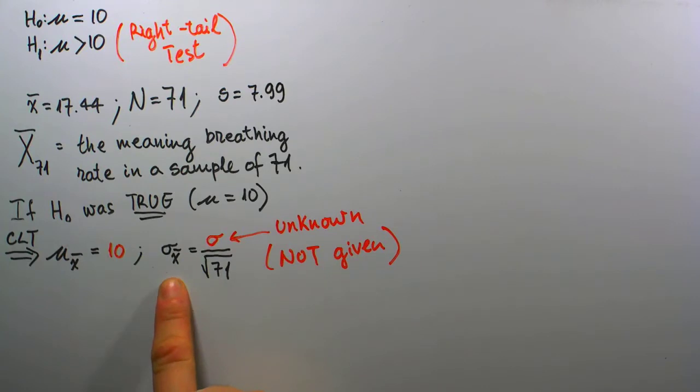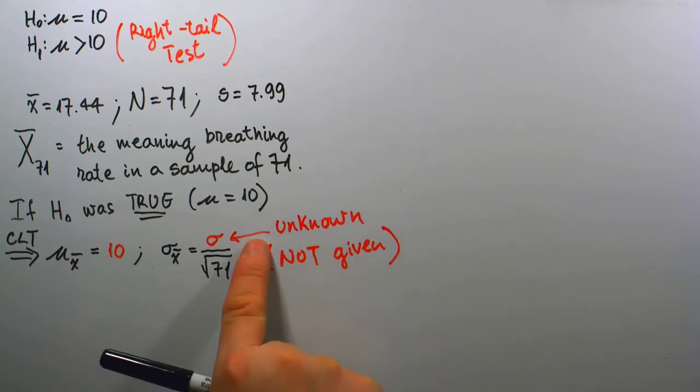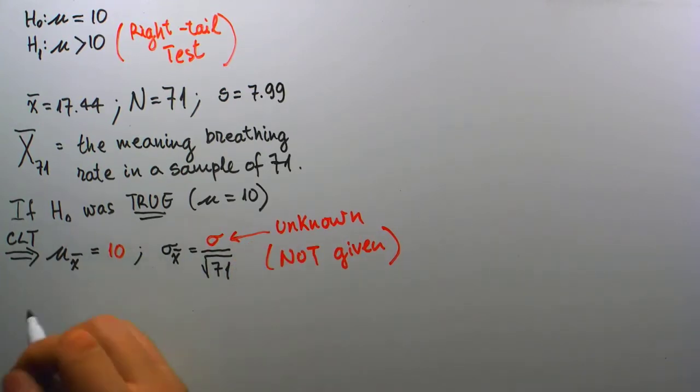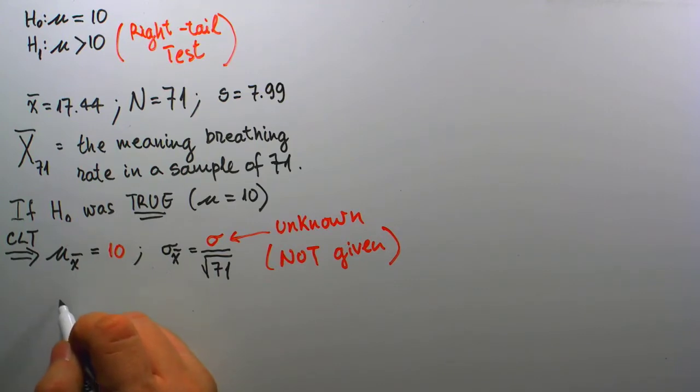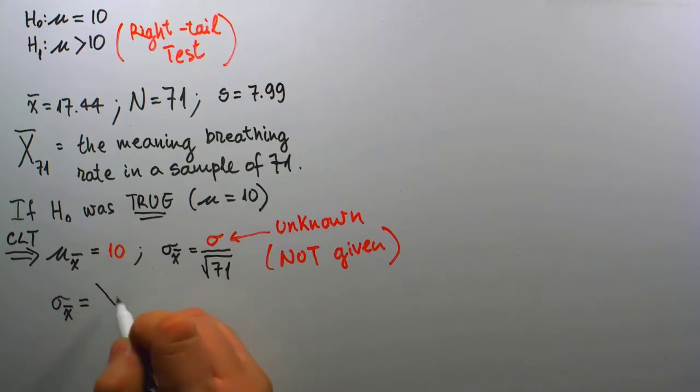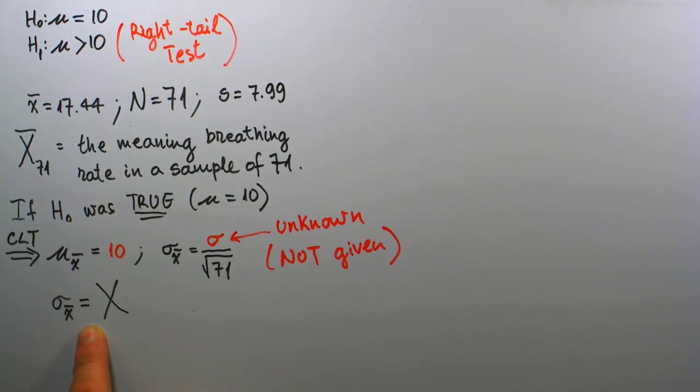As a further impact, without having a given sigma value, we won't be able to find the value for our sigma X bar. But keep in mind, it does exist out there. It's just that we are not able to find a value for it. It's all due to the fact that we have an unknown sigma value here. Our sigma value is unknown. It's not given to us.